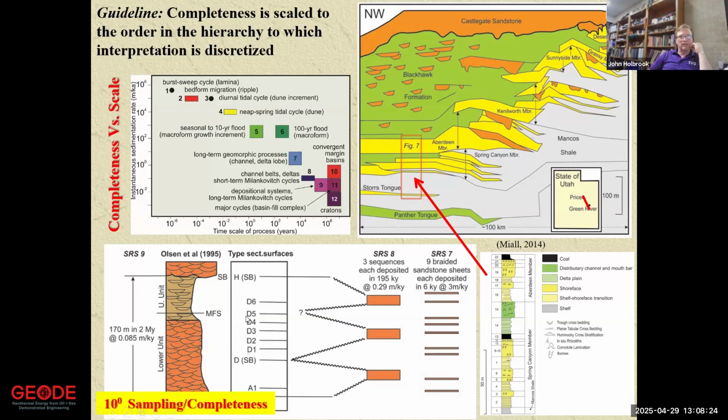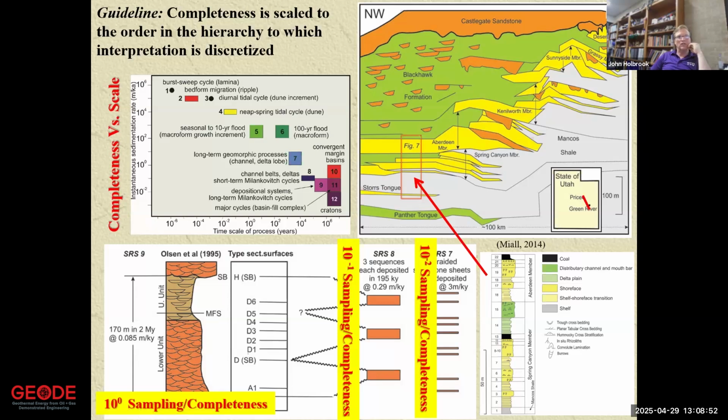But if you break it down and ask how complete it is when I think about the individual sand sheets within it, now you're looking at about 1/10 of all the time that's passed preserved, and the rest of it is the bedding surfaces between. If you break those sheets down into smaller sheets, you'll realize you're only looking at about 1/100th of the time that's passed. So completeness ends up being in the eye of the beholder.